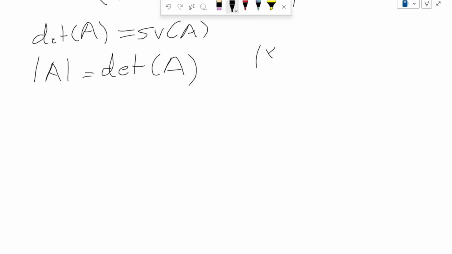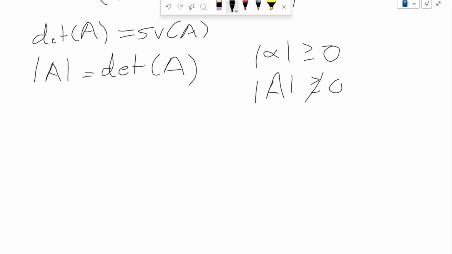So if I have the absolute value of alpha, the absolute value of alpha is always greater than or equal to 0. But the signed volume is not necessarily greater than or equal to 0. So it's a little bit funky, but one way to think about it is the absolute value of x is really just asking what the size of x is. And so the determinant of a matrix is also asking what size it is.